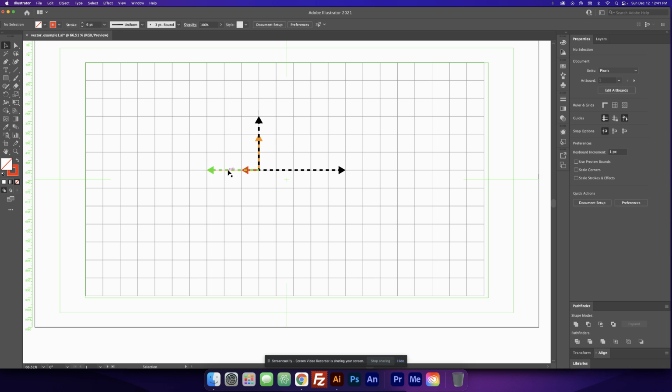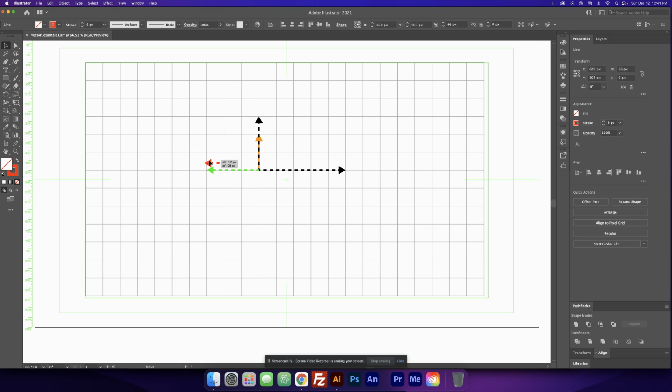Now, let's see. If we decide to deal with the green one and the red one, we could look at it this way. They're going in the same direction, so they actually add to each other. The result of them working together is an arrowhead 4 squares long, 4 units of force long.